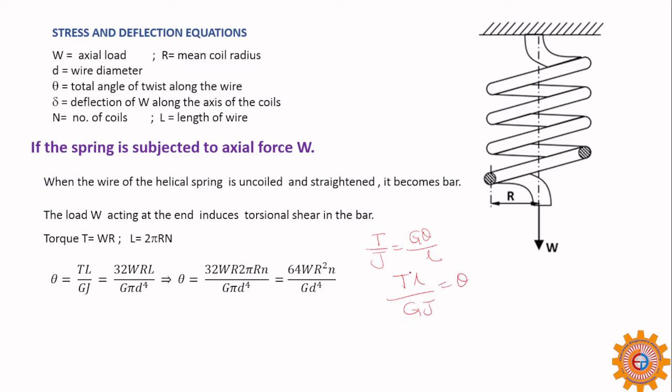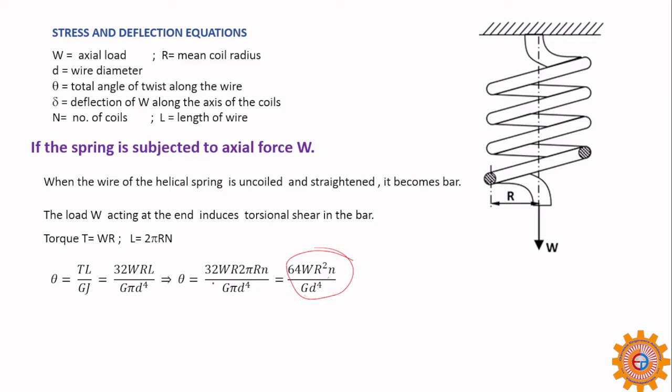From that, T is equal to WR, L is equal to 2 pi R n, G is the modulus of rigidity, and the polar modulus is pi d to the power of 4 by 32, where d is the wire diameter. Incorporating all these, we get 64 W R square n by G d to the power of 4.